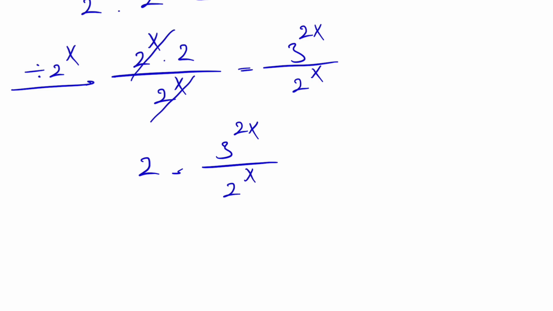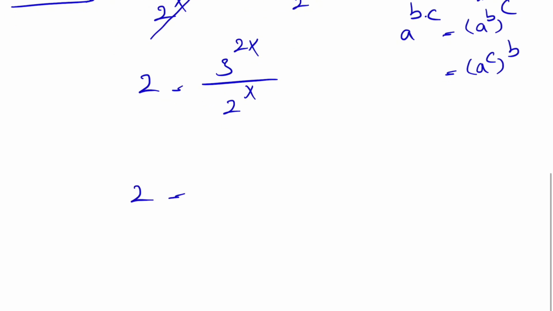Another law of the exponent: when we have a to the power of bc, this can be written as a to the b to the power of c, or as a to the c to the power of b. So these two are interchangeable. Here, instead of 3 to the 2x, we can write 3 to the 2 to the power of x.